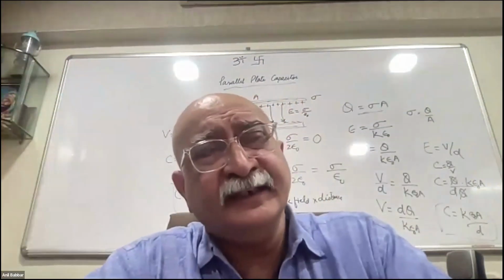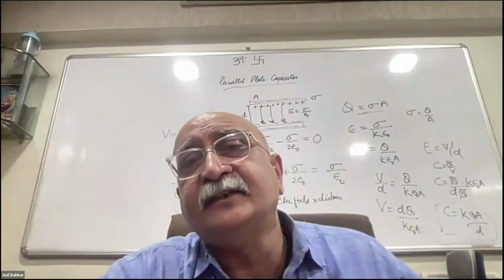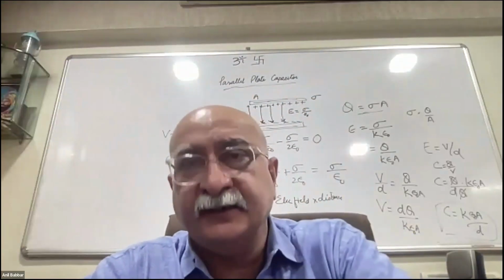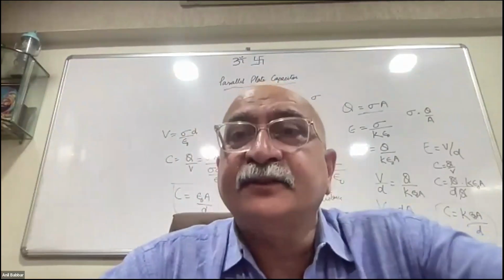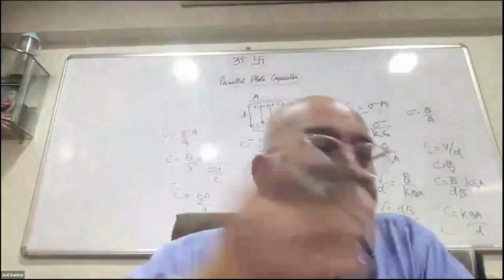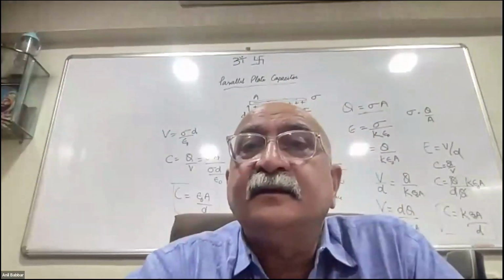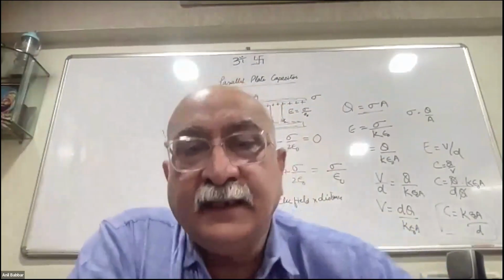See, when the negative plate of one capacitor is connected to the positive plate of the second capacitor, and the negative of the second is connected to the third, then we can say that capacitors are combined in series or connected in series.